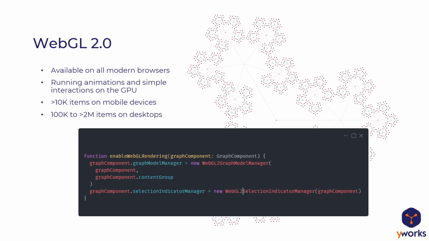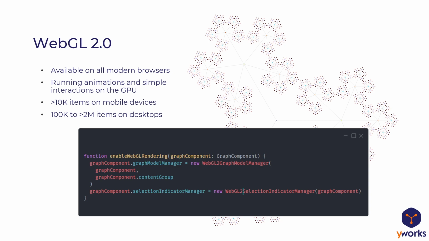What does this mean? This means that most of the animations and the simple interactions that you do when you interact with the graph can actually be performed on the GPU, meaning there's hardly any work for the JavaScript engine to do anymore, enabling the display of several thousands of items, even on mobile devices, at 60 frames per second.